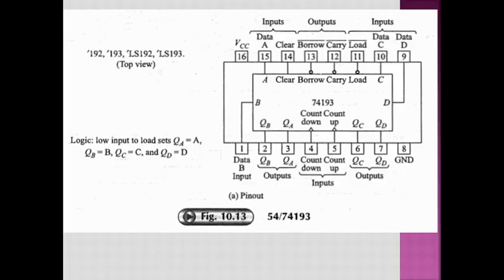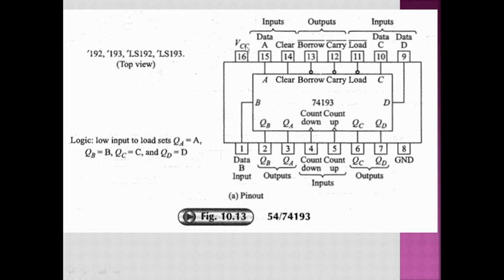You see this IC diagram, the pin diagram. This IC is a 16-pin IC, and from the top side, from the left hand side, the first pin is designated 1, 2, 3, 4, 5, 6, 7, 8, 9, 10, 11, 12, 13, 14, 15 and 16.